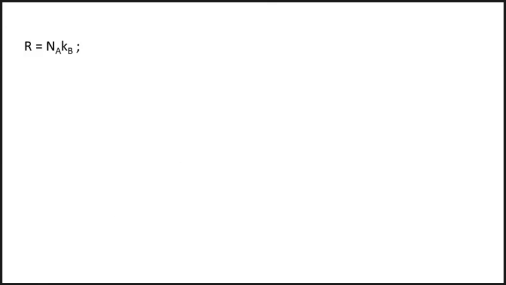If you could remember our Boltzmann constant, Kb is actually R divided by Na. So what I did now was to make R the subject of the formula, which ends up giving me Na times Kb.